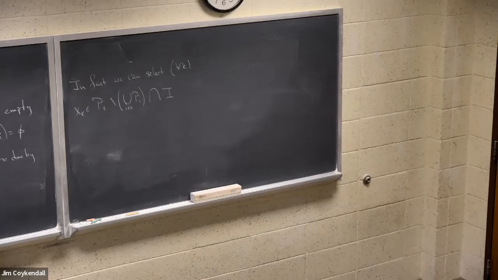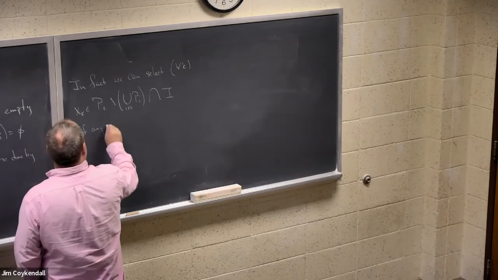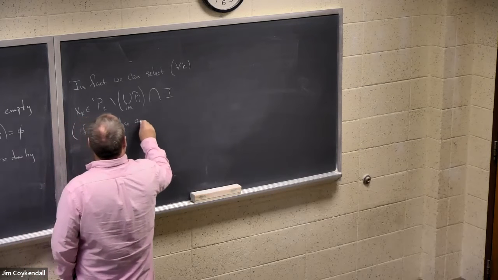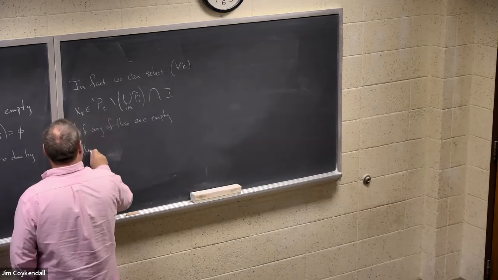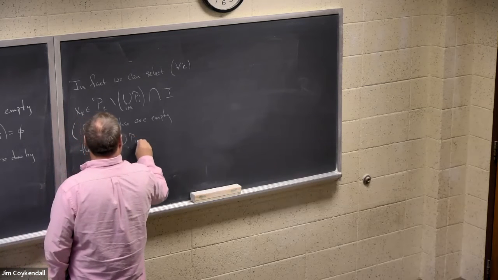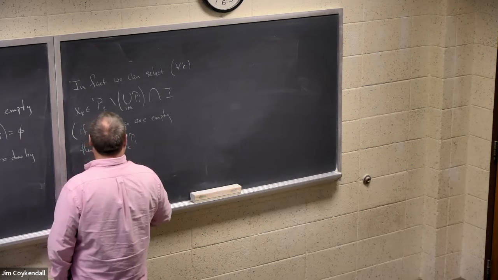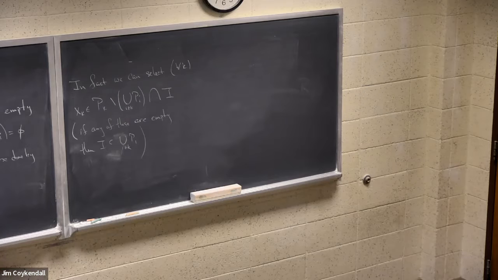Because if this set is empty, then I is contained in the union. And again, we go back to our inductive hypothesis, because we've reduced the number of primes that we're unioning by 1.